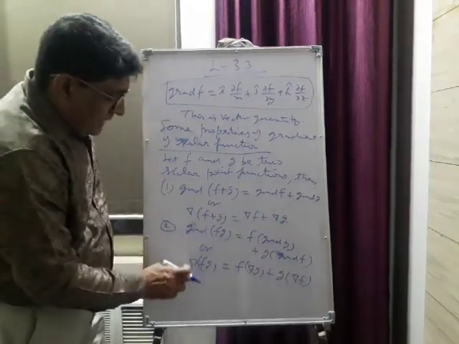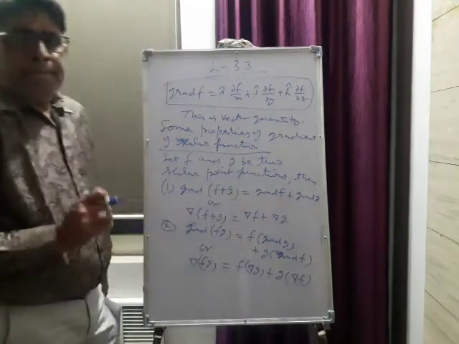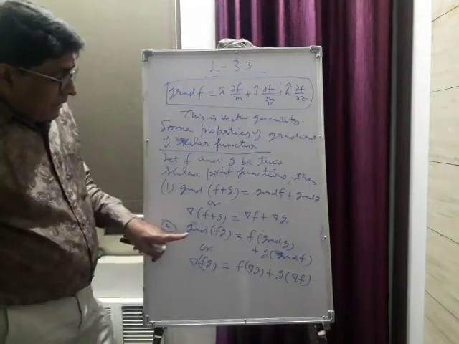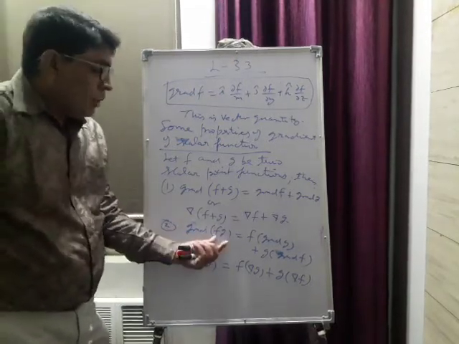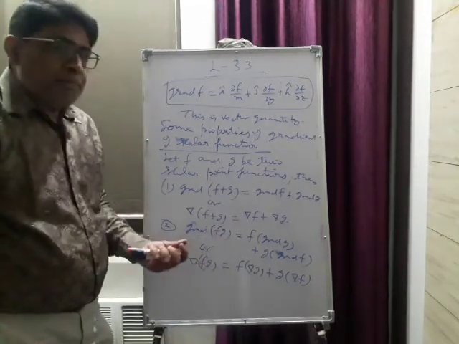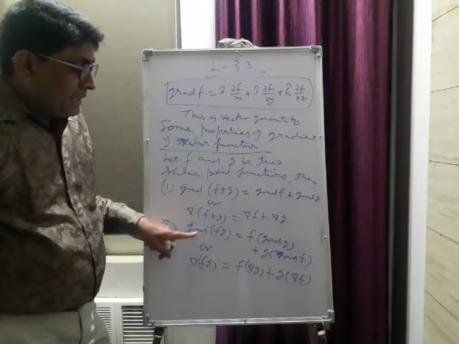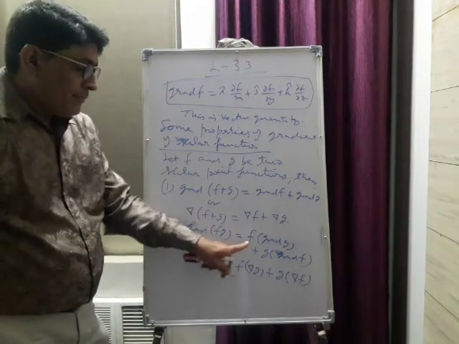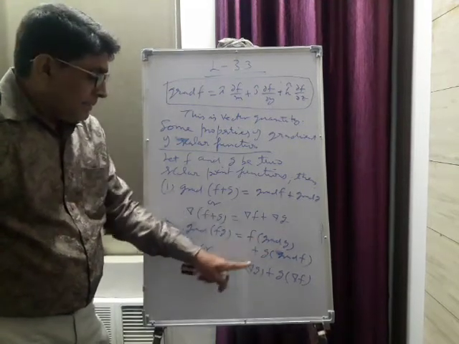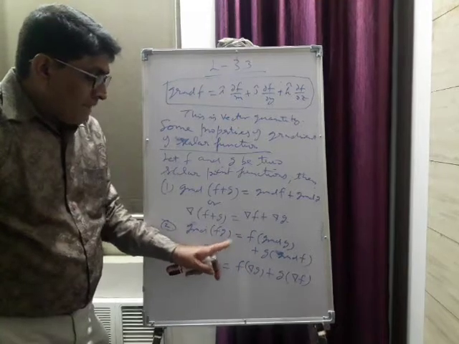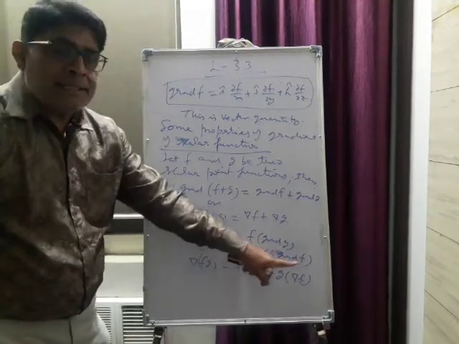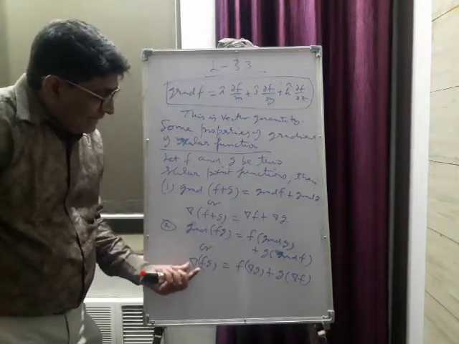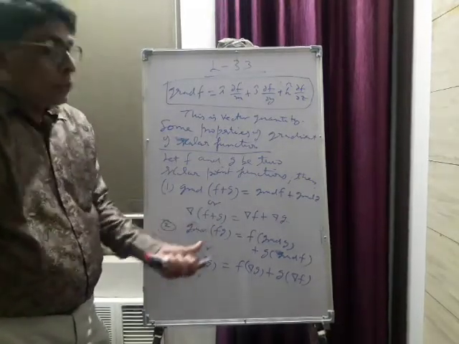So now the gradient of fg, the product of two scalar functions, becomes the first function f times the gradient of the second plus the second function g times the gradient of f, by the product rule, because del is a differential operator.